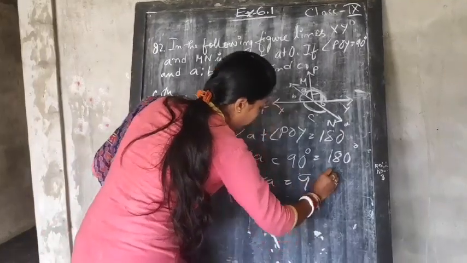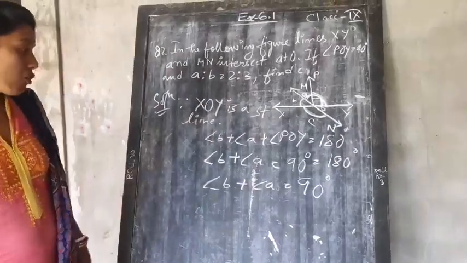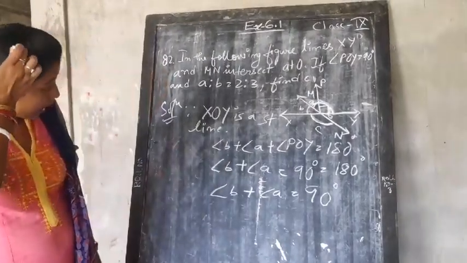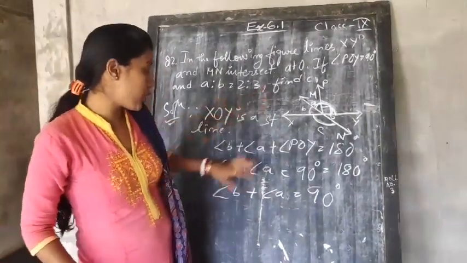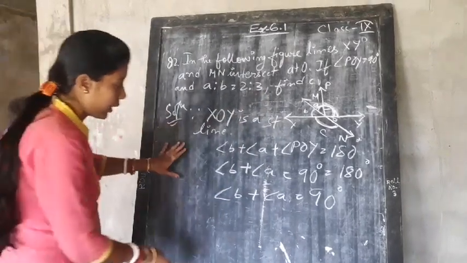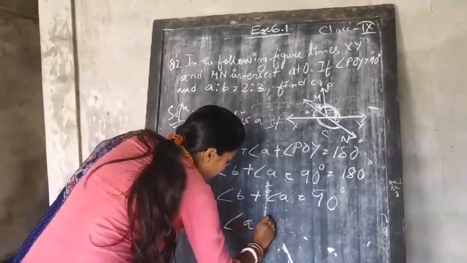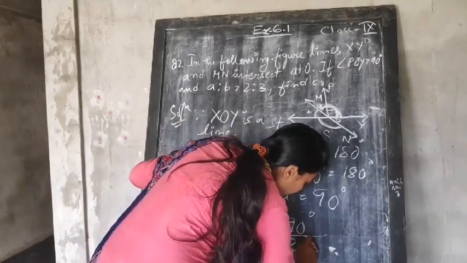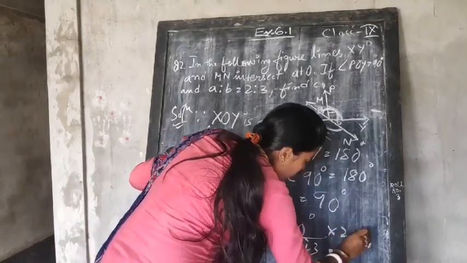90 degree. Now from here we can find angle A, as the ratio is given as 2 is to 3. So angle A equals 90 degree by 2 plus 3, into 2.